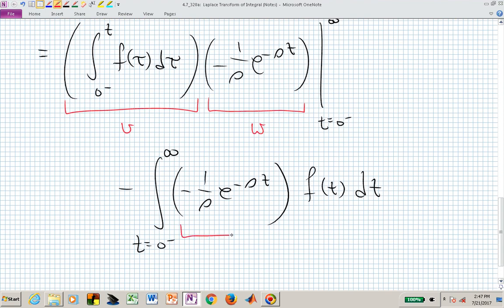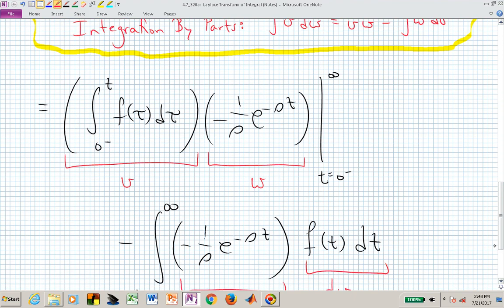Here's dw, there was w, and here was dv. So we have vw minus the integral of w dv.